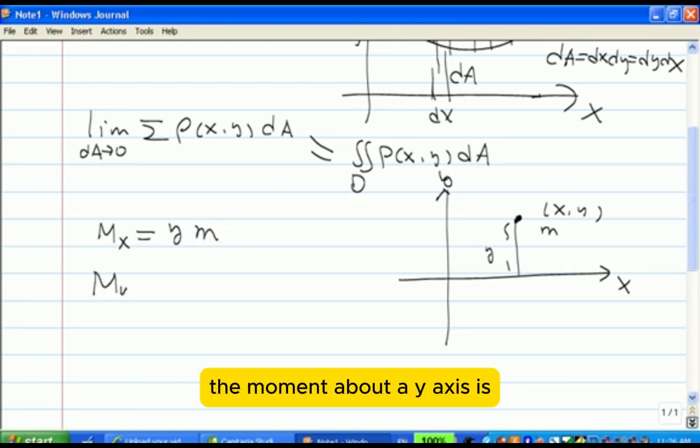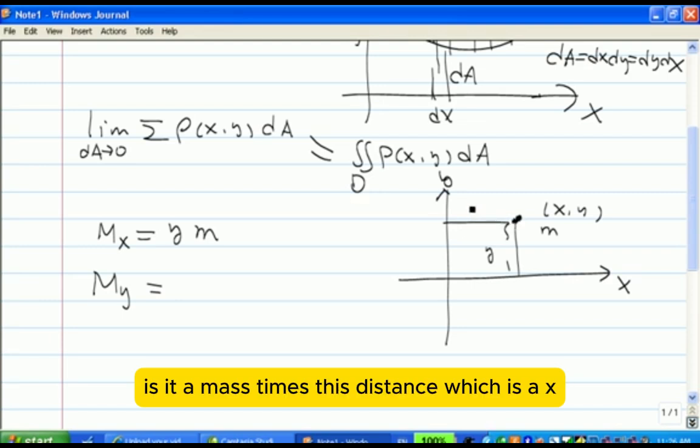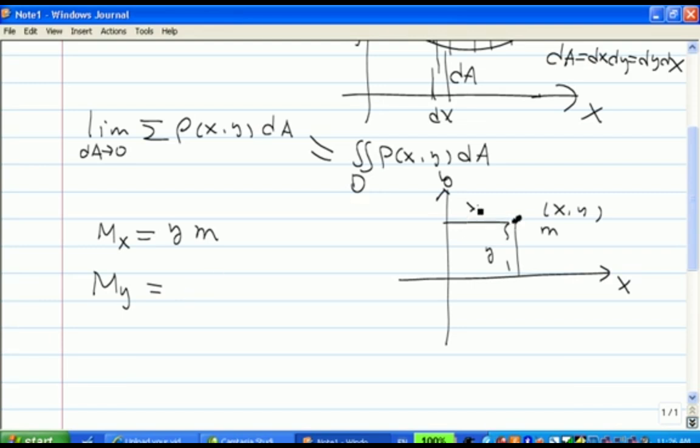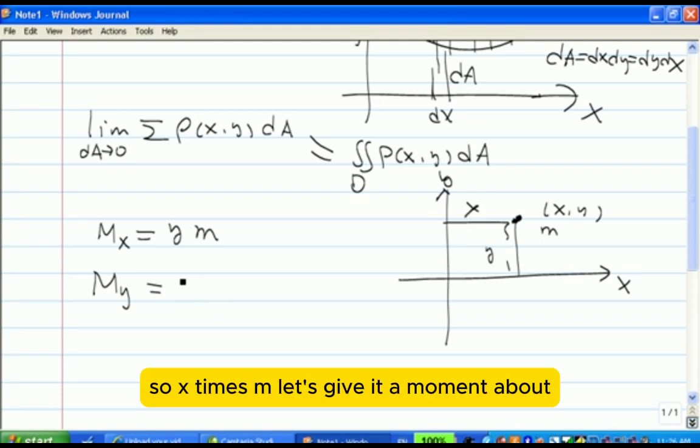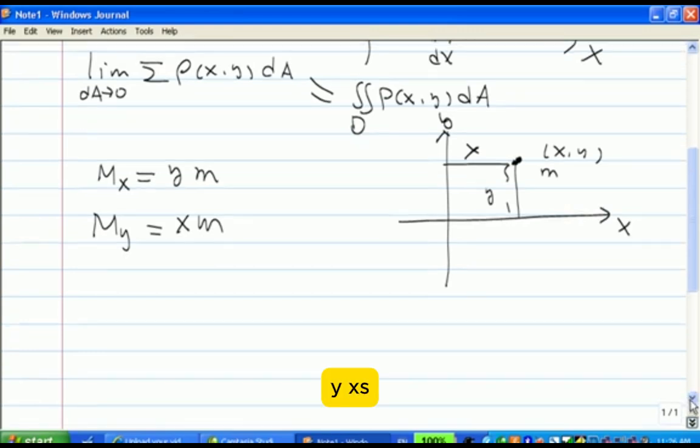The moment about the y-axis is the mass times this distance, which is x. So x times m gives the moment about the y-axis.